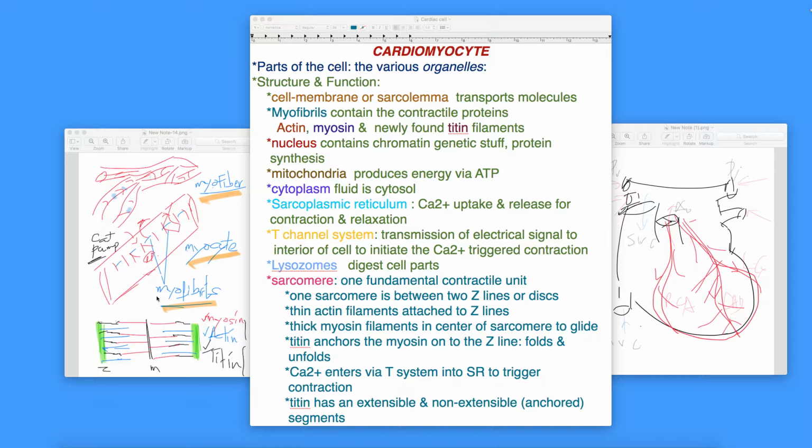Once you get into the electron microscopy structure, one starts seeing all these filaments, and these filaments are composing the myofibrils. So there are tons and tons of myofibrils lining the cell, and each cell has its myofibrils, and each of these myofibrils are composed of 3 types of filaments.